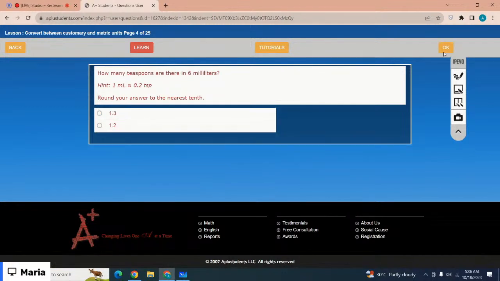Okay, how many teaspoons are there in 6 milliliters? You have to do 6 times 0.2, right? So it would be 1.2.